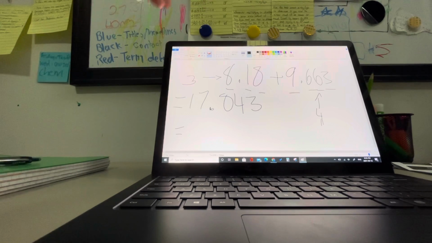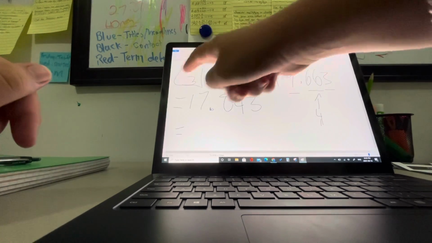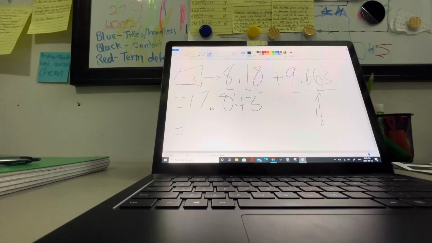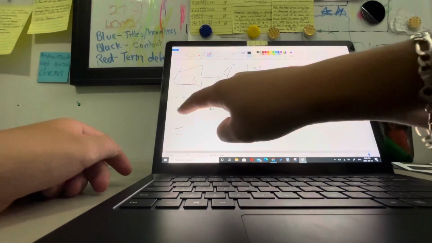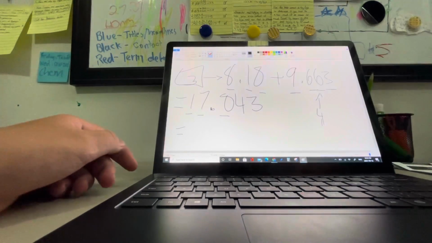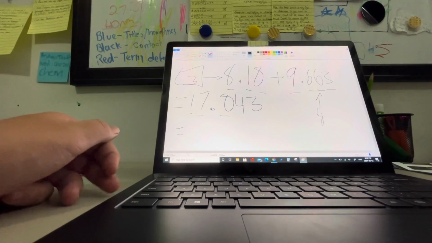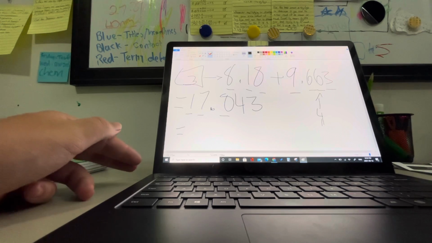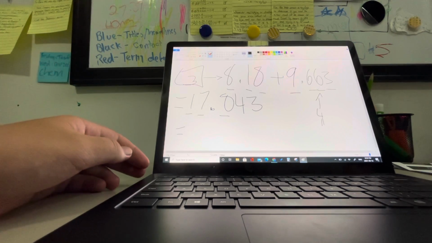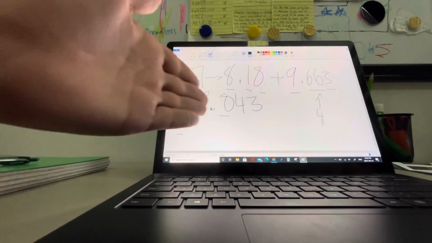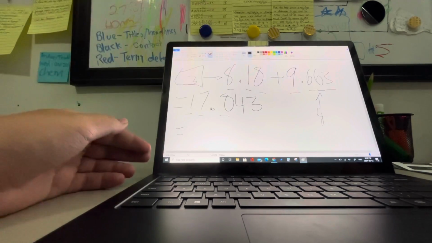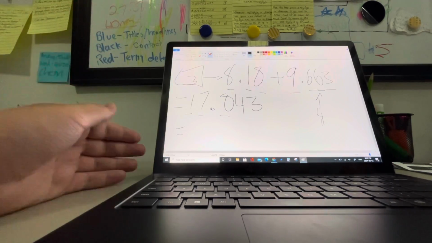Well, since 3 significant figures is the least amount, we're going to use that on the answer. So 1, 2, 3. Once again, what we do here is 1, 7, so 17.8 is our original answer.